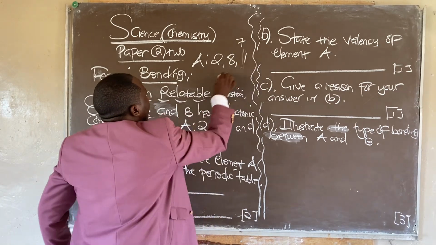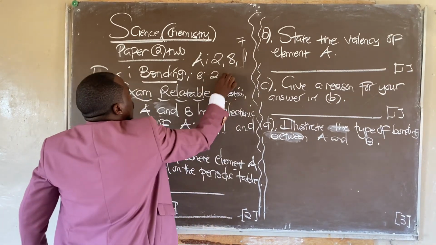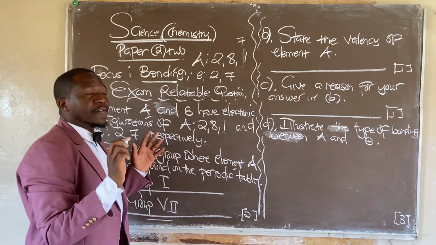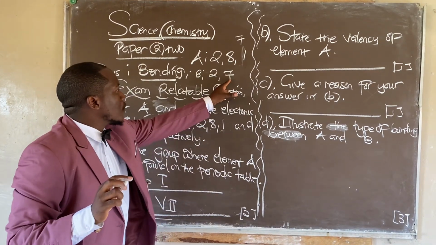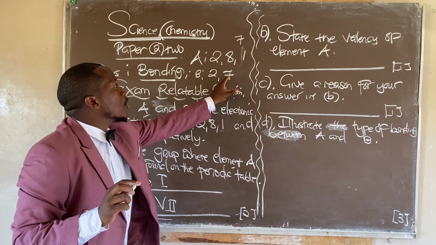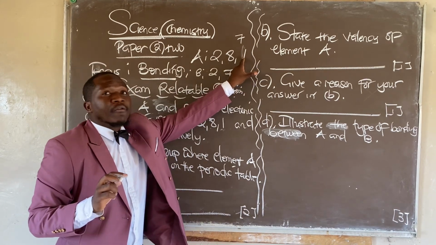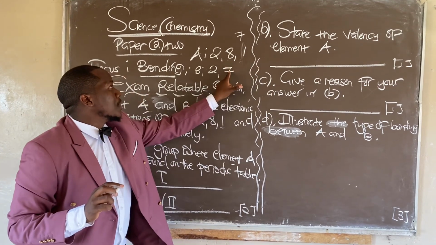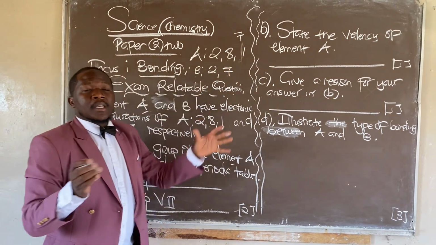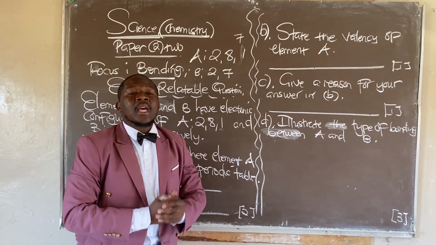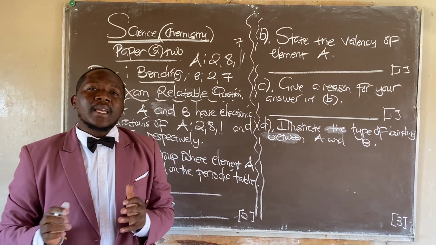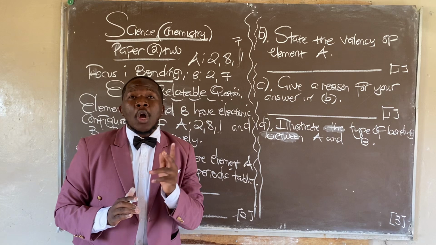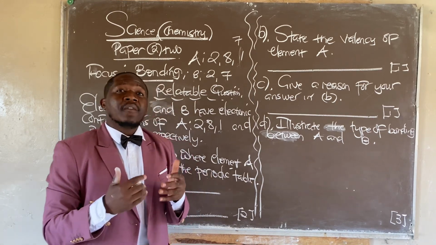So this is 2, 8, 1. For B, this is 2, 7. If we can rightly observe, we're going to find that this one has 7 electrons and is only lacking 1, which can come from A. And this A, which has 1, is lacking 7 electrons, which can come from B. So this is where bonding comes in. Bonding chemically is said to be a combination of 2 or more elements in order for them to be stable.